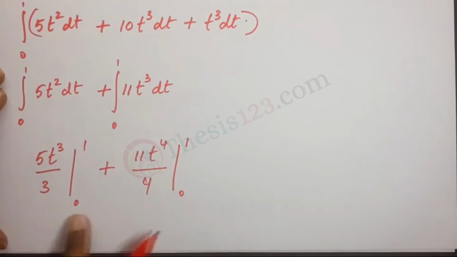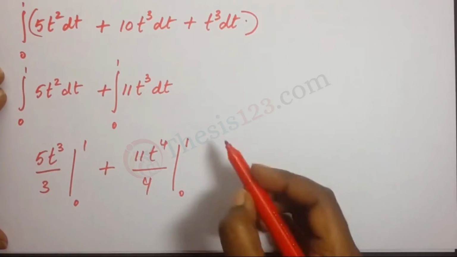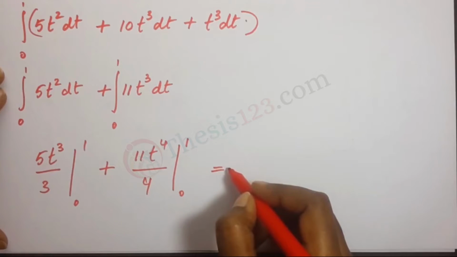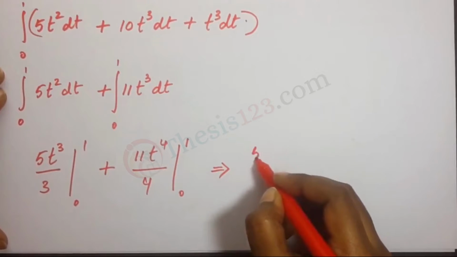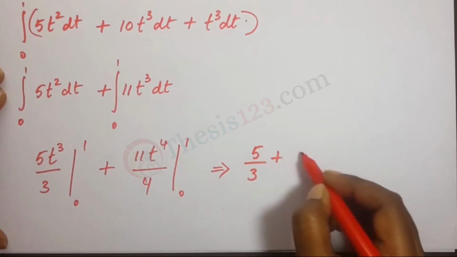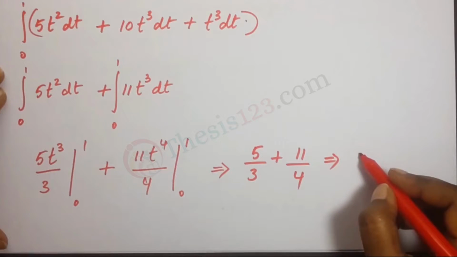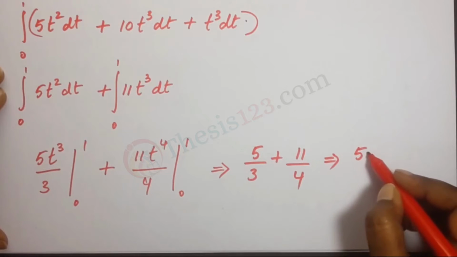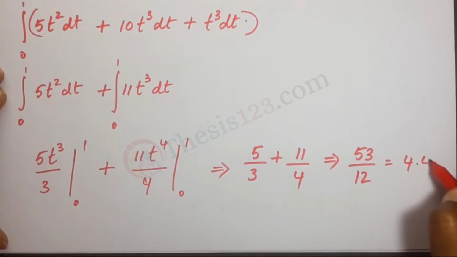For each of these, the lower limit 0 will bring the term to 0. So we can apply just the upper limit and we will get 5 by 3 plus 11 by 4. 5 by 3 plus 11 by 4 is 53 by 12, and that gives us 4.416. So this is our final answer.